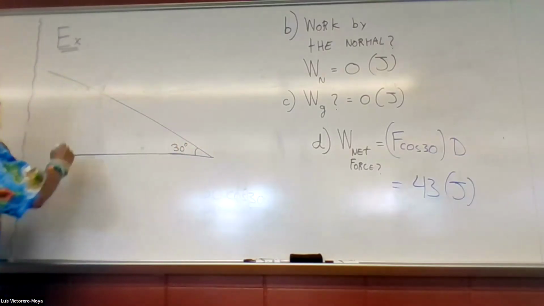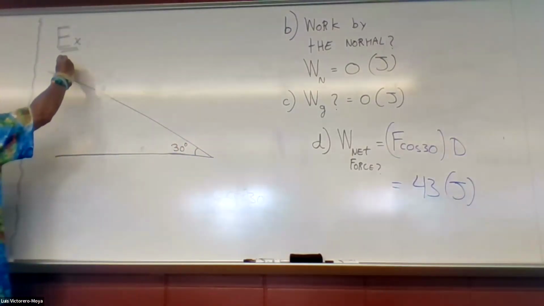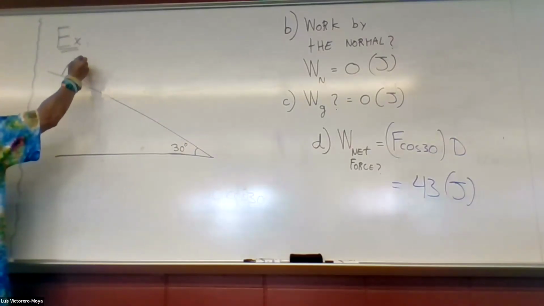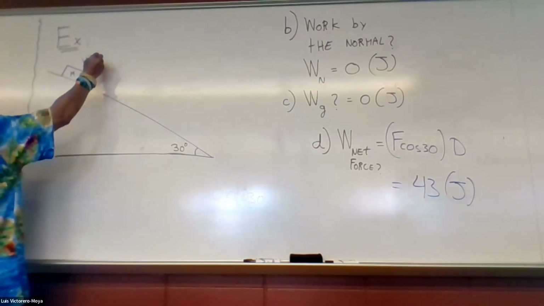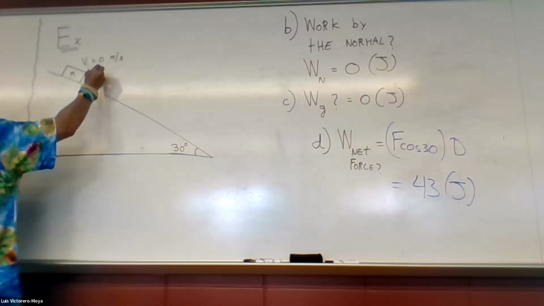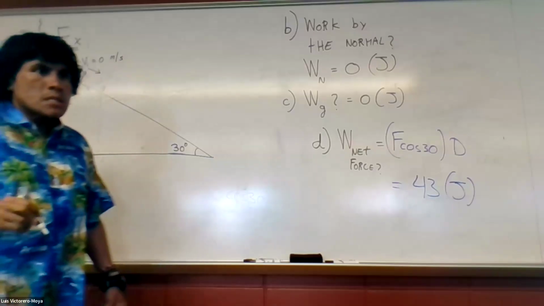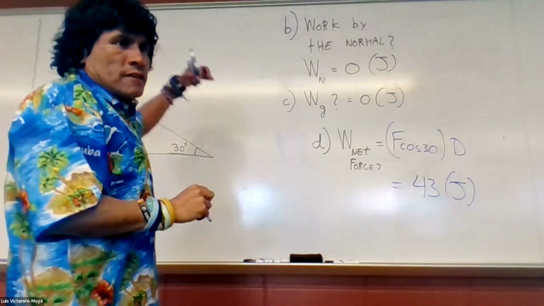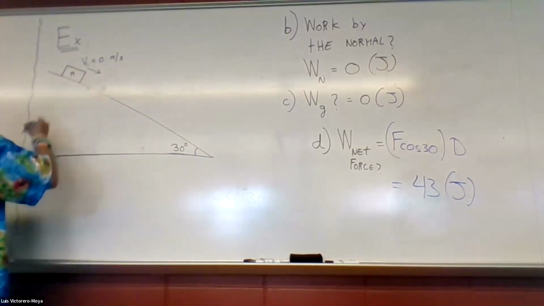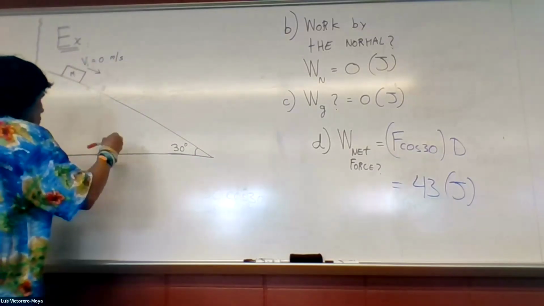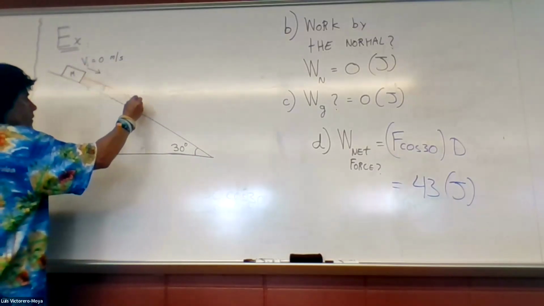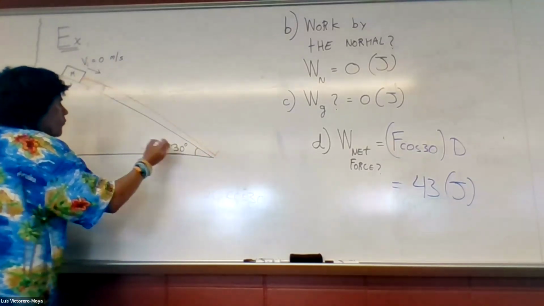Like that, 30 degrees. And you have a mass at rest, so the initial velocity is 0, and it is sliding down 3 meters. So let's say that all of this is 3 meters.